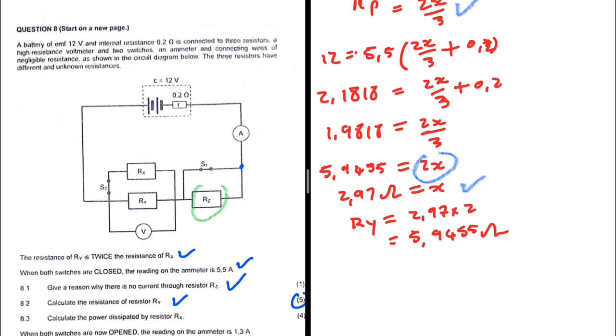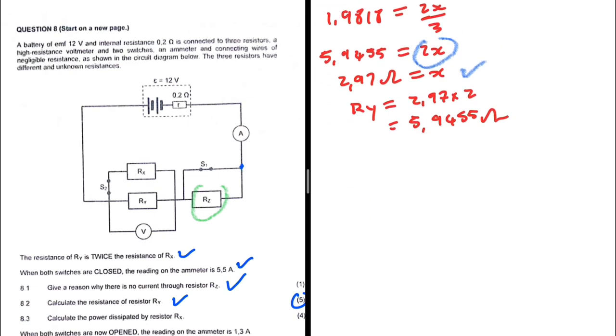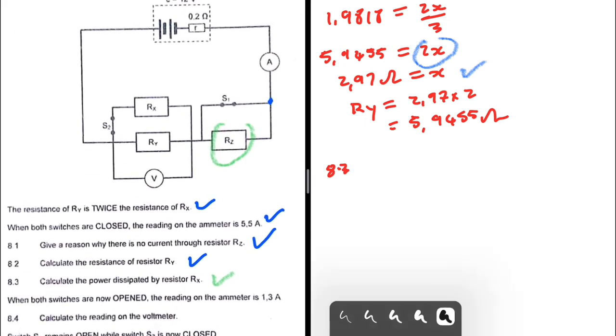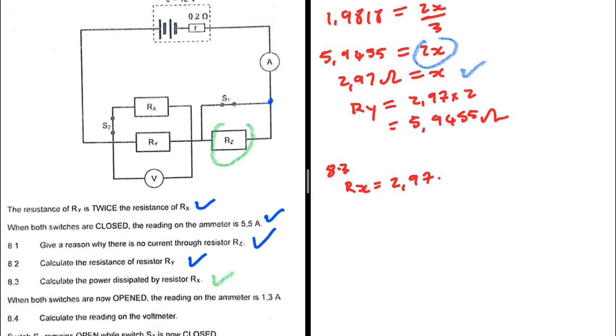We have Ry. Let's do 8.3. What are we looking for? Calculate the power dissipated by Rx. So we know that the resistance of X is 2.97 ohms.